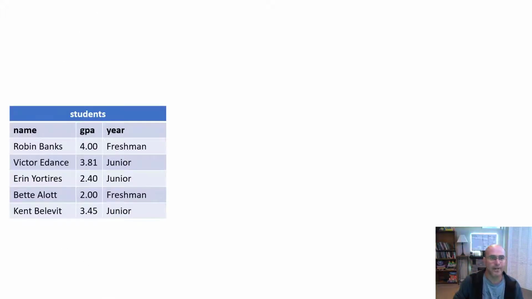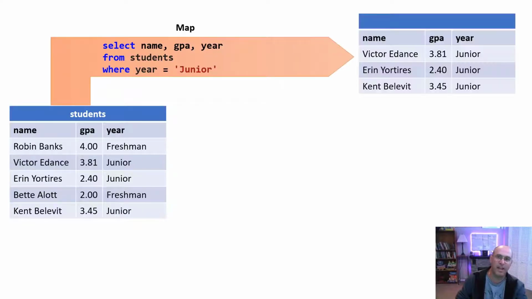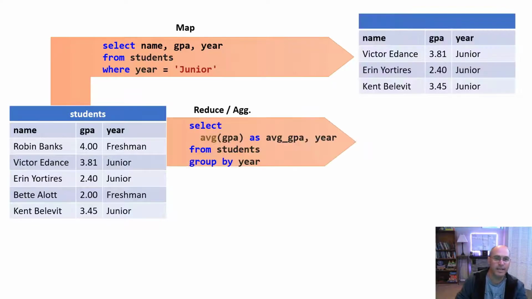So let's think about this. We have this students table, right? Let's review sort of mapping, reducing, and window functions. So classic map, you just filter on where it's a junior, and then you get a subset of rows, but these rows map back to individual rows. Okay, we saw reducing, right?